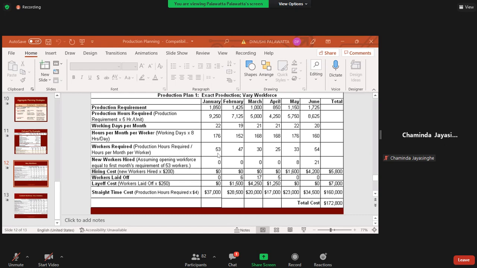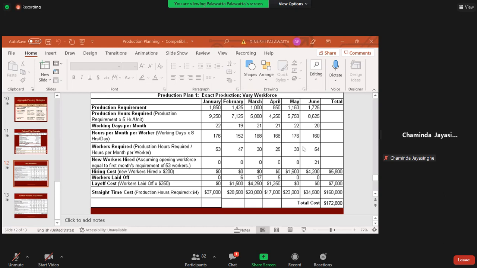June, 8,625 divided by 160. So that's 54.